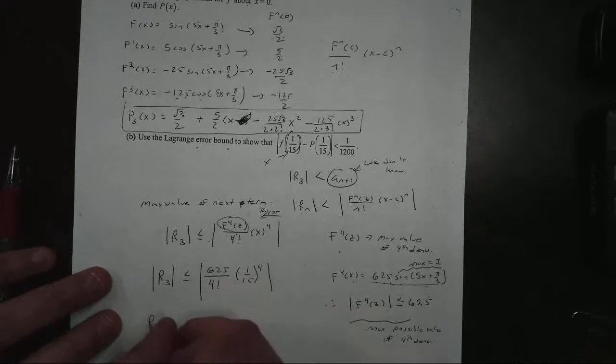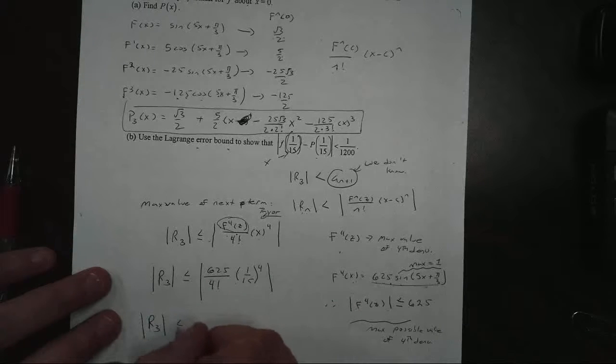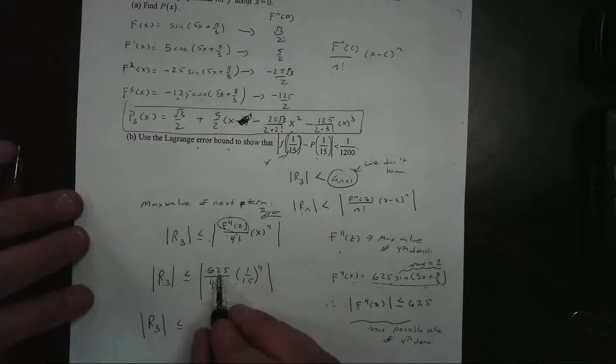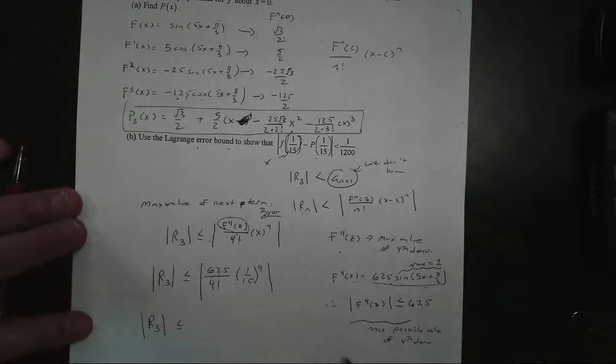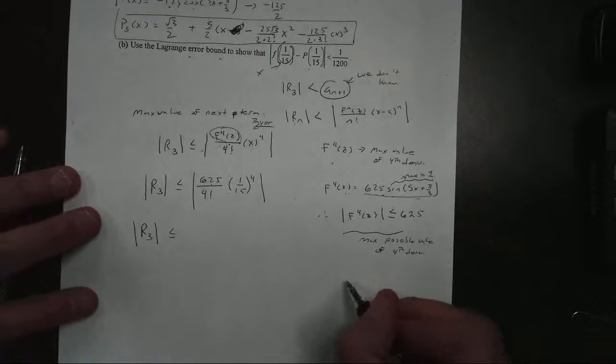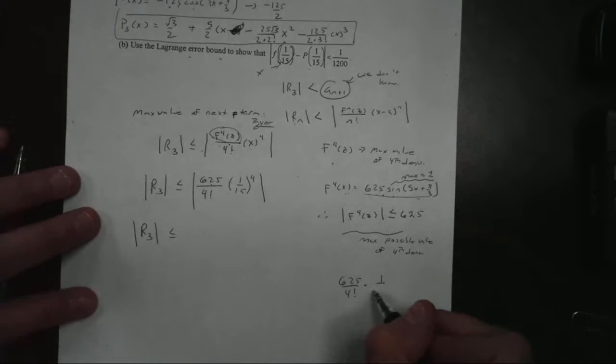And if you do a little bit of manipulation, this was not too hard to do. If I go off to the side here, 625 over 4 factorial times 1 over, basically this is 15 to the 4th.